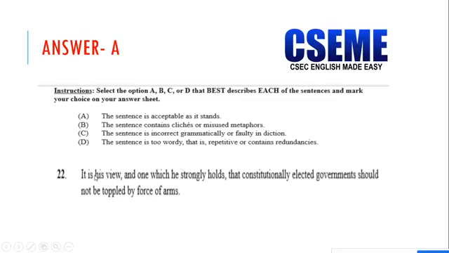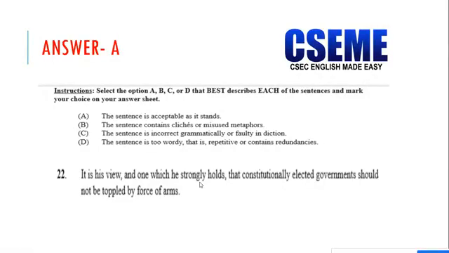If we take out that phrase, which we call an intervening phrase, it would be: it is his view that constitutionally elected governments should not be toppled by force of arms. In taking out this intervening phrase, we realize that nothing is wrong with the sentence.